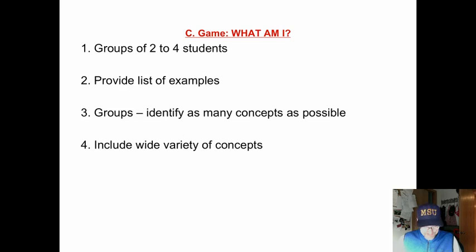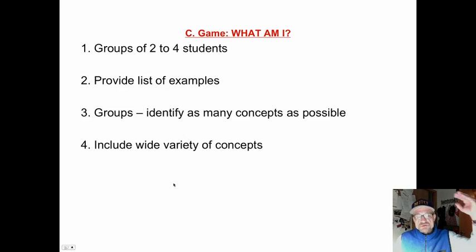What am I? And again, groups of 2 to 4 students, mixed ability, conversation is very important. Provide lists of examples of 4 to 8 things that fit into the concept. Give students a sheet of paper, and in groups, they have to identify as many concepts as possible. So you have a sheet of paper instead of going around that way, guessing.